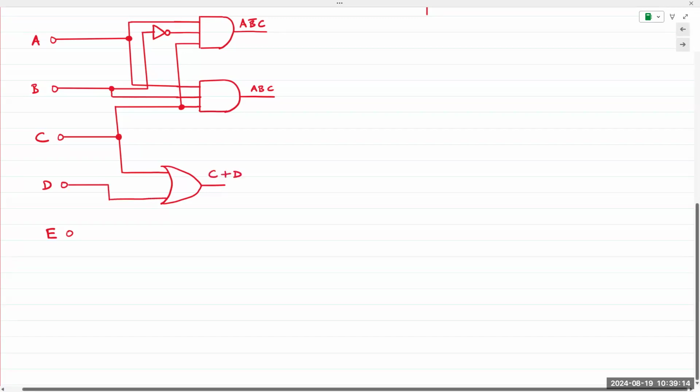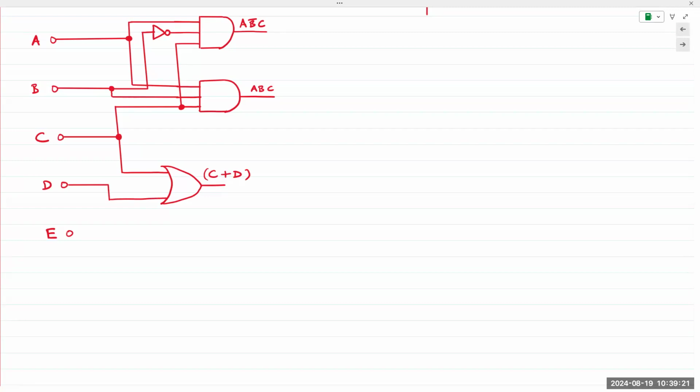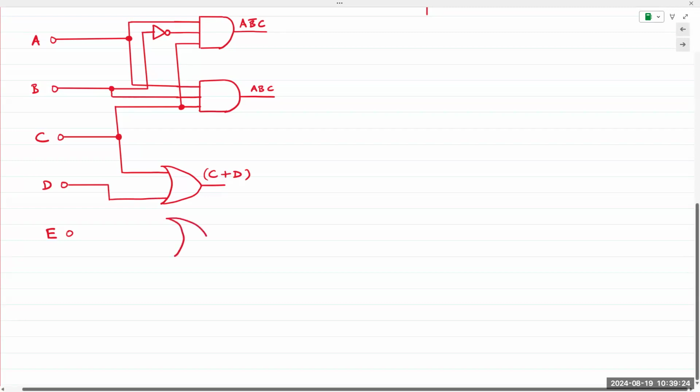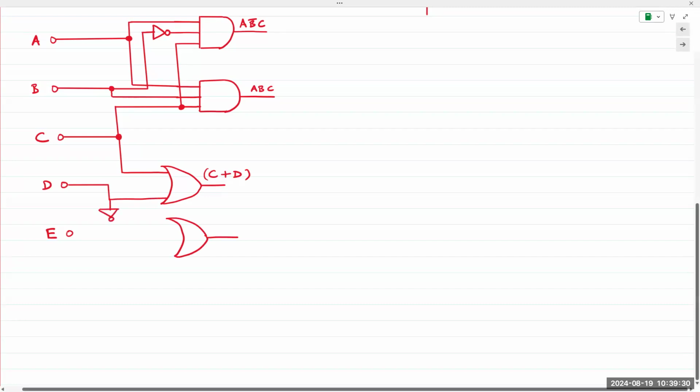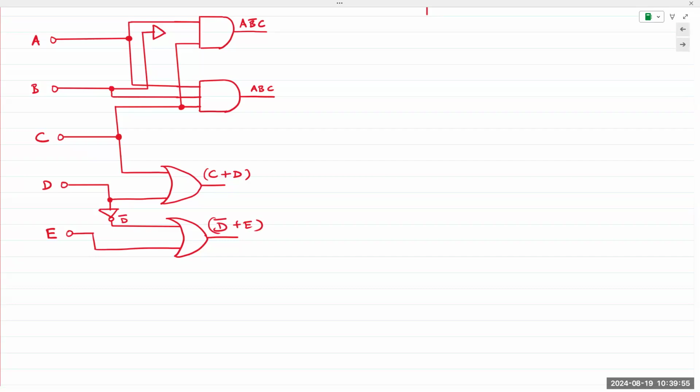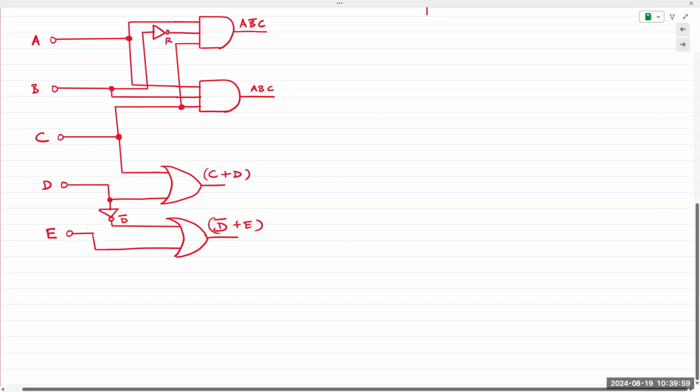So this becomes C plus D. And then we have D not plus E. And this is D not.